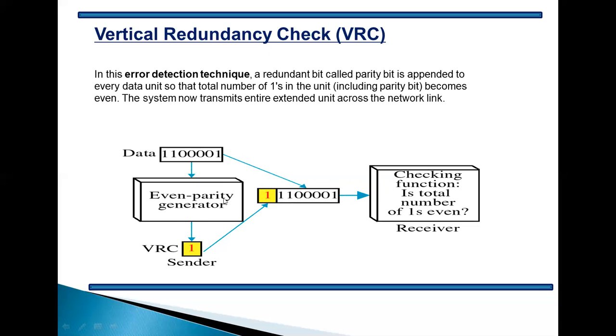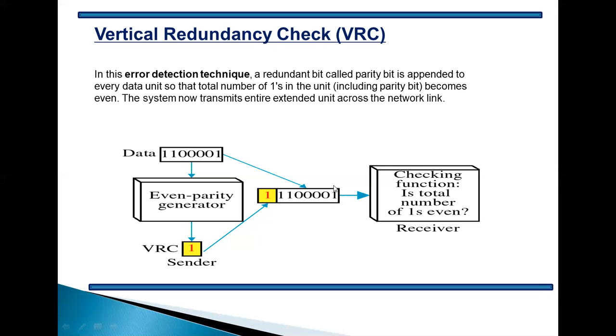Even parity check generator: first, in this original data you have to count the ones, only the ones: 1, 2, 3. 3 is an odd number, that means you have to put 1. That means the total is 1, 2, 3, 4. 4 is an even number, that means even parity check.